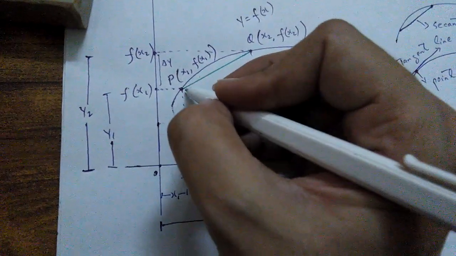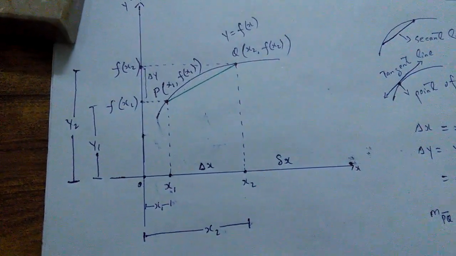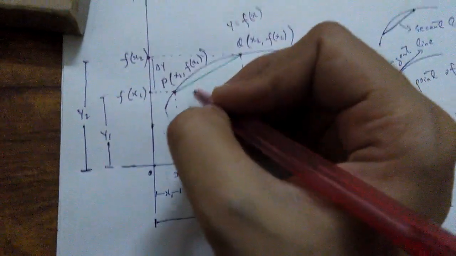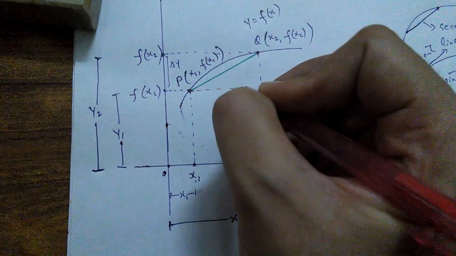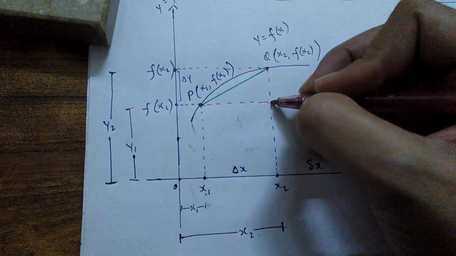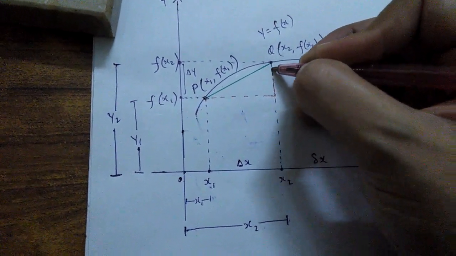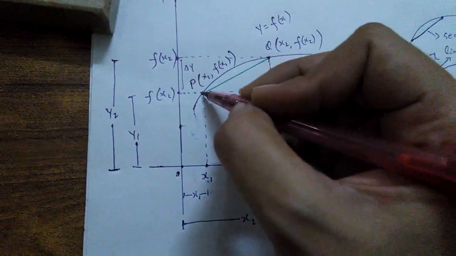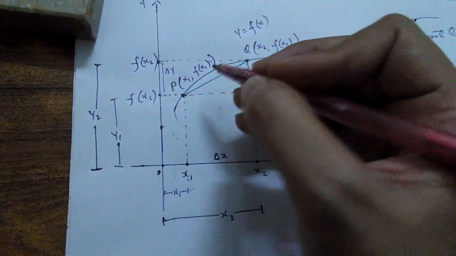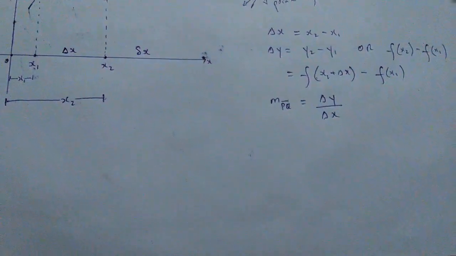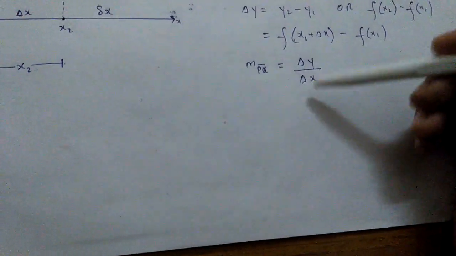Let me use a red color. So you are running from this point to this point, and then you are rising from this point to this point. So this is representing the ratio of these two activities, which is your slope value. This is your del y upon del x.